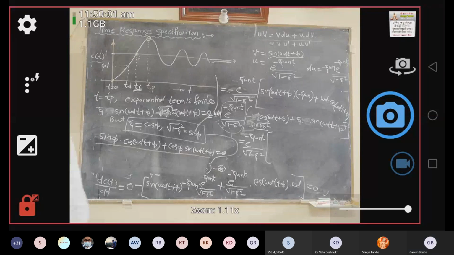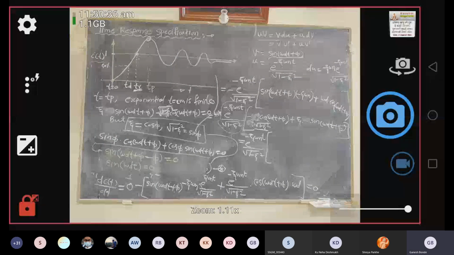Sin of A plus B. So therefore here you are getting a term like this; we can simplify this equation as sine of omega d t plus phi minus phi, which is equal to 0. So this phi gets cancelled. So here you are getting simply sine of omega d t, which is equal to 0.